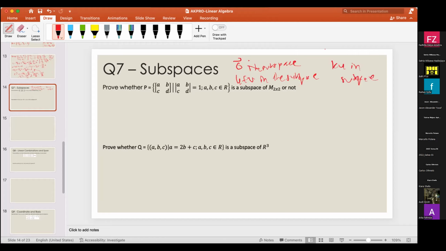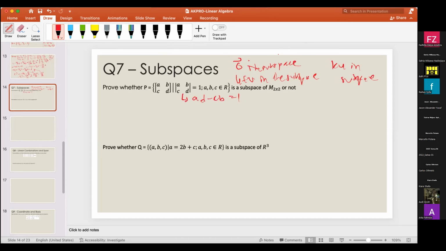So these are the three criteria or axioms that would need to be met. And so first we need to prove whether this is a subspace of M2 times 2 or not. By this I mean AD minus CB equals 1, whether it's valid or not.